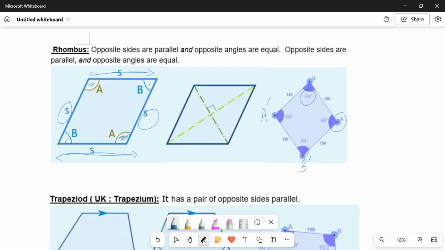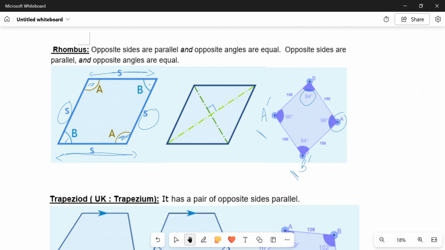So it says that the opposite angles are equal and the opposite sides are parallel, like A dash B dash is parallel to A and B, right? Not equal to, parallel to A and B. Right, students? Okay, we have done the rhombus.